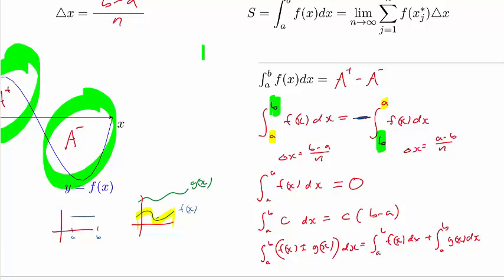And so the area under the curve is this guy. And then the area under g of x, well, that goes from here, and that's this guy. So we're adding the areas together. And so that's why, this area plus this area, that's what this is saying, or minus the area, if you will. So that's why you can just break them up like that.